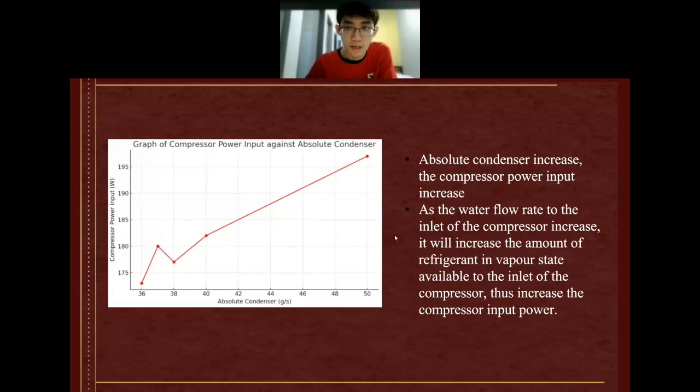This is because the water acts as a heat exchanger in the cycle. As the water flow rate increases, it will also increase the amount of refrigerant in vapor state available at the inlet of the compressor, thus increasing the compressor input power.